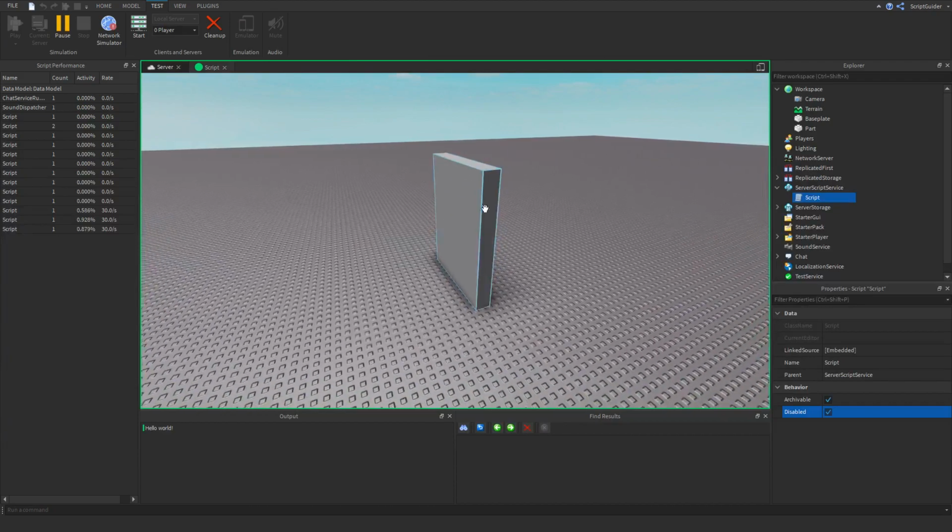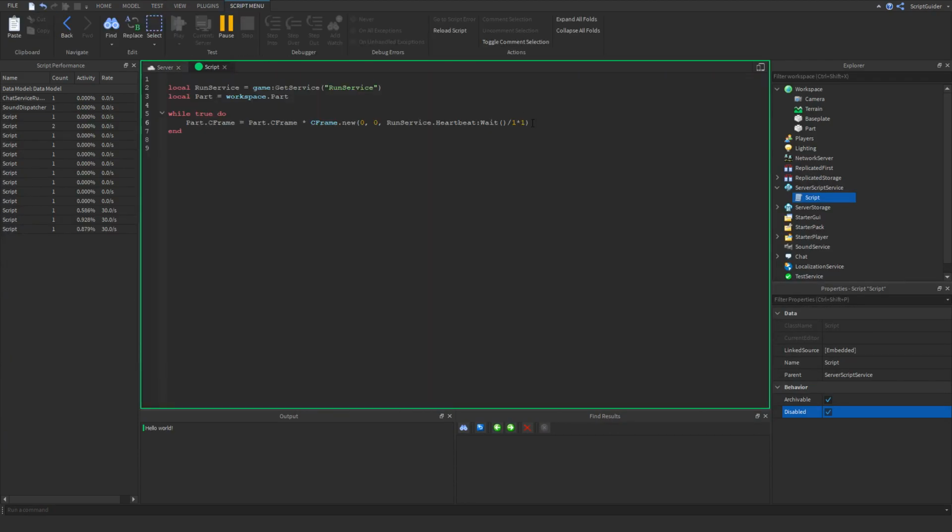So if I wanted this part to rotate forever in a smooth kind of way, then what I could do is say part is here, part is sometimes. We're just going to change the angles, so we're going to use cframe.angles.